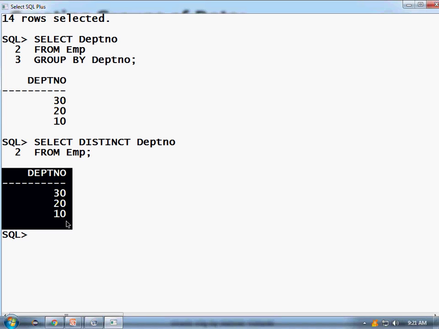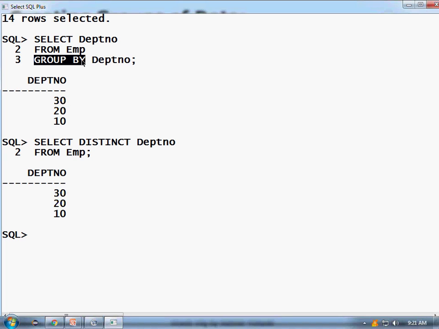Distinct is more of a presentation-level thought process, but group by is not. It is a concept of classification and identification of categories within the data. There is a great difference between the fundamental concept behind group by and that of distinct.